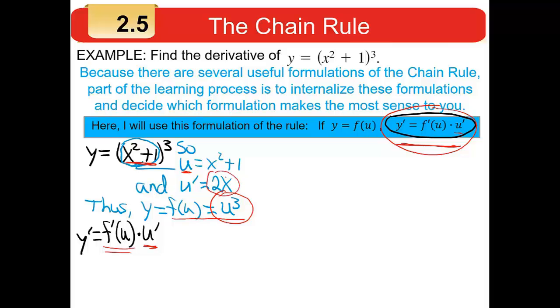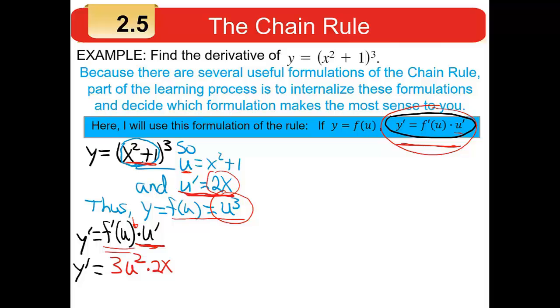Well, u cubed is easy. If f of u is u cubed, then f prime of u is 3u squared. And then we have to multiply by the derivative u prime, which we've already calculated to be 2x. And what you have to remember is calling something u is a temporary procedure.